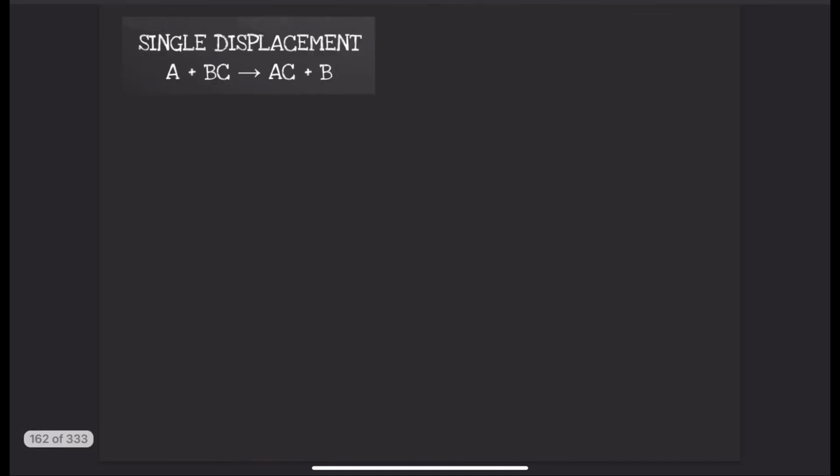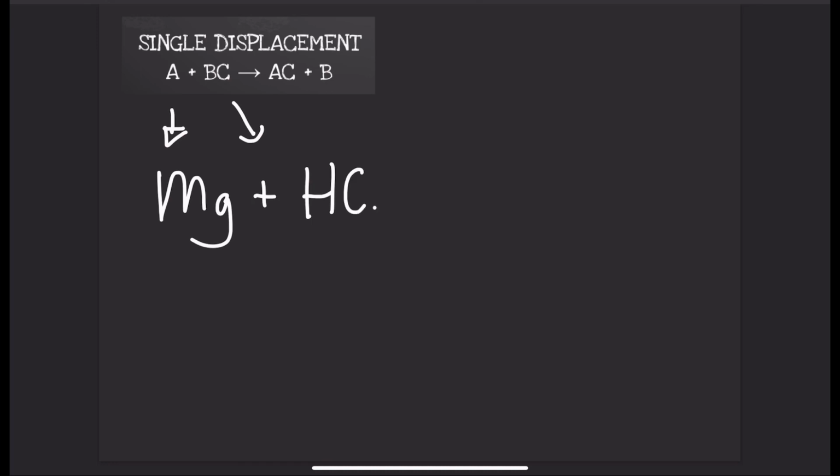Now let's look at single displacement. Let's use magnesium again as an example. The element here is magnesium and the compound would be hydrochloric acid. After the chemical reaction, magnesium kicks out hydrogen and partners up with chlorine.